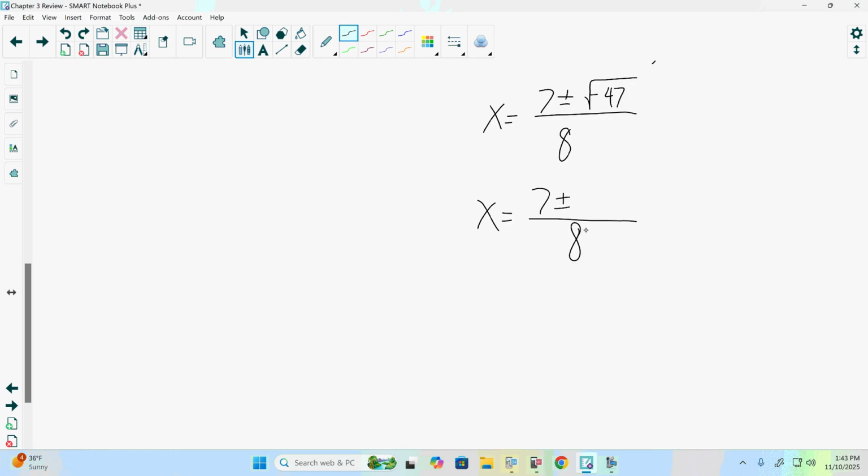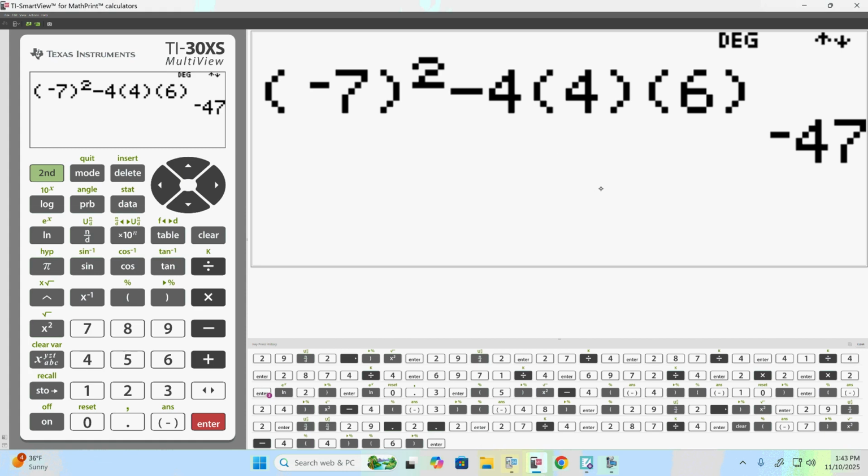Now for this, we do need to see if the square root of negative 47 does reduce, and it will reduce because that negative is going to have to come out as i. Whenever we have a negative inside the radical, it's got to come out as i. So even if the square root of 47 doesn't reduce, we've still got to take that negative out as i.